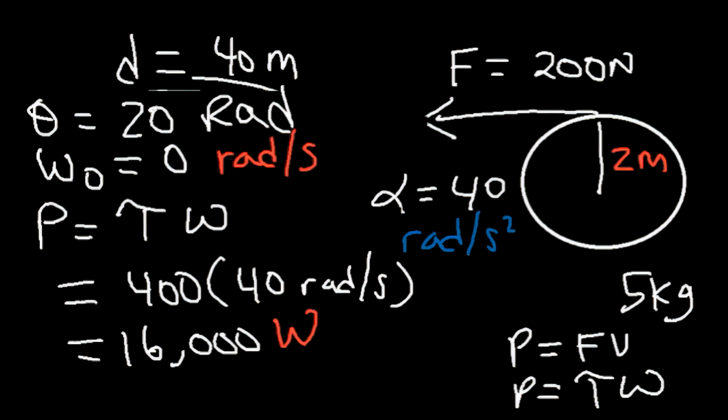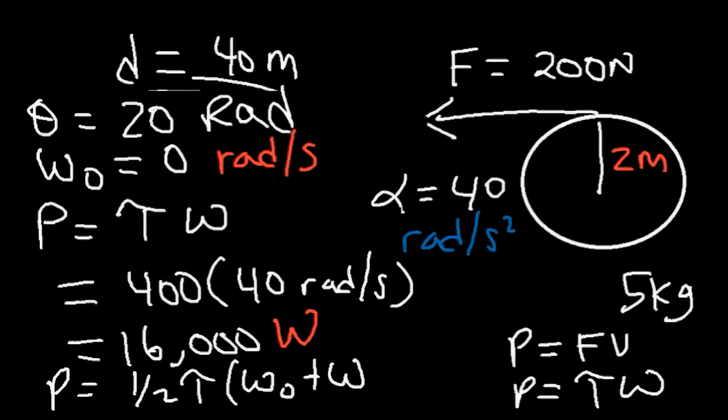So sometimes we need to calculate the average power. Because the speed increases at a constant rate, it turns out that the average power is simply half of this value. It's 8,000 watts. You can calculate the average power by using this equation: 1/2 times the torque times the initial angular speed plus the final angular speed. This is if the angular speed is increasing at a constant rate and if the torque is constant.